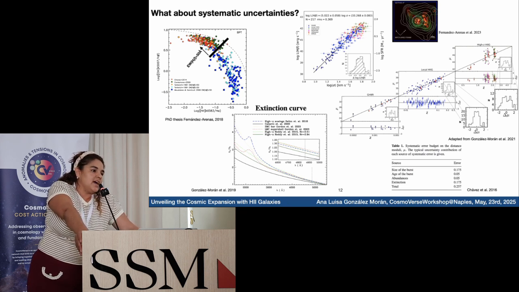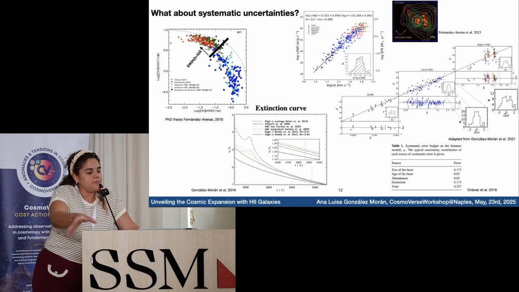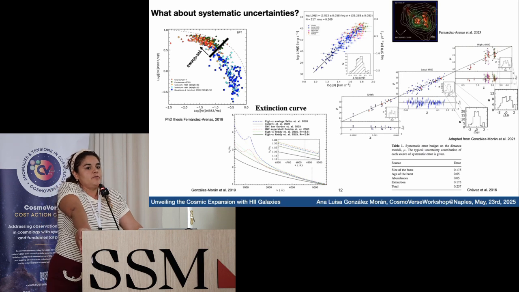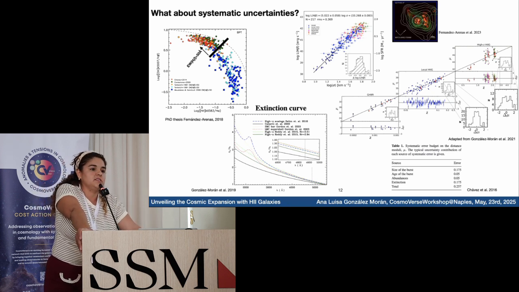We are measuring the size using the James Webb Space Telescope, but we have to understand that right now it is not possible to measure the size of each clump inside one H2 galaxy. Another very important point is in the bottom panel, where you can see several extinction curves. What is the best extinction curve that we have to use?